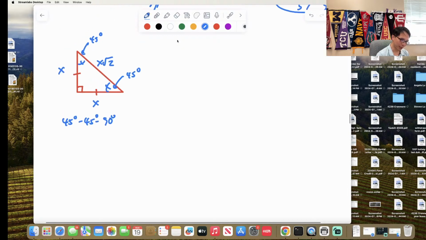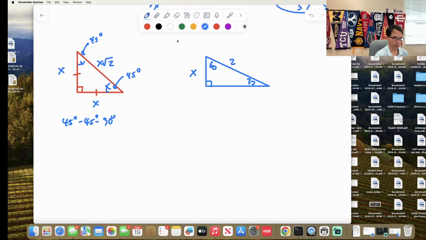So with that being said, there's one more you have to memorize. This is 90, this is 30, and this is 60. This is x. Small side is always facing the smallest angle.